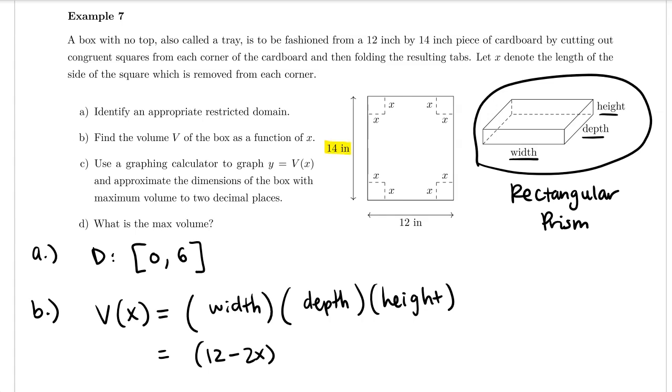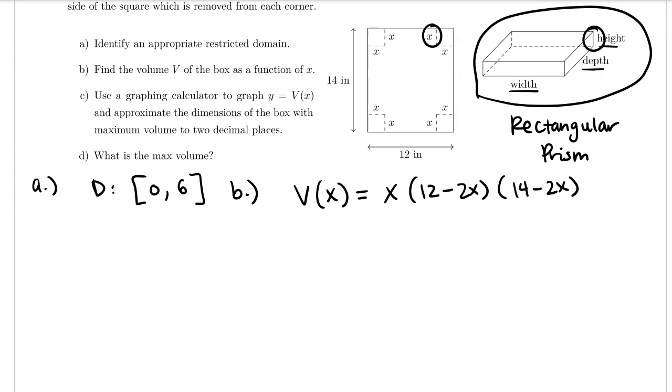So I'm starting out with 14 inches, but I'm cutting off a corner here and a corner here. So really the depth of my tray is this dimension there. And similarly, that's going to be 14 minus 2x. And then after I fold these up, my height here is going to be this value here, which is going to be x.